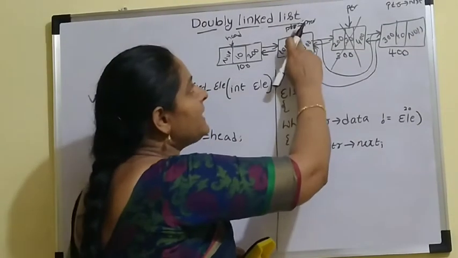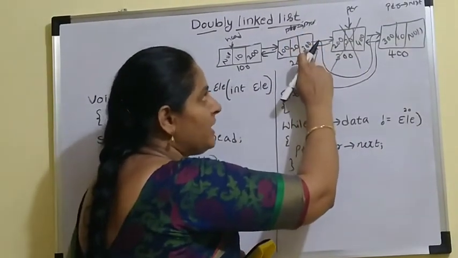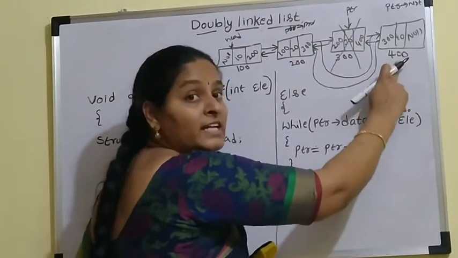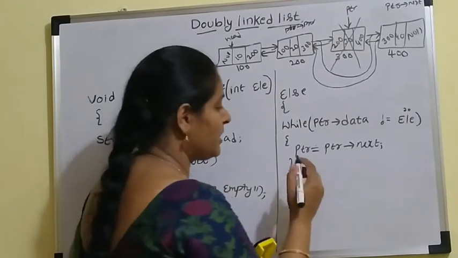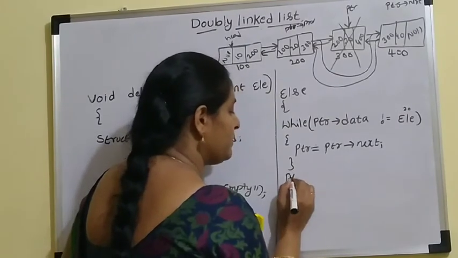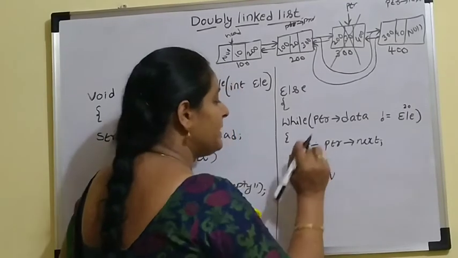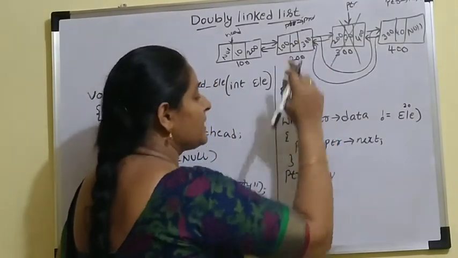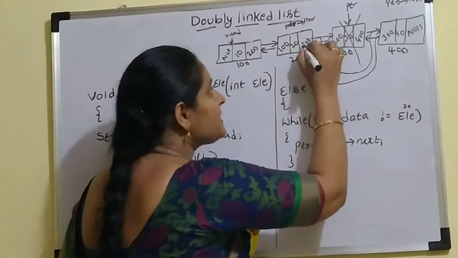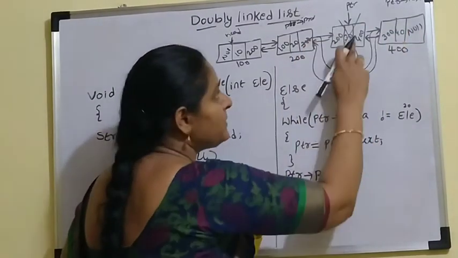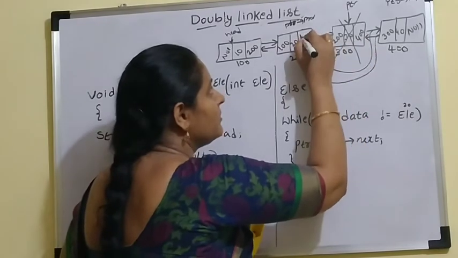Now from ptr previous next part, replace the ptr address with ptr next address. Here I am writing that statement. ptr previous means this node. In ptr previous next part, replace this address with ptr next address. What is ptr next address? 400.